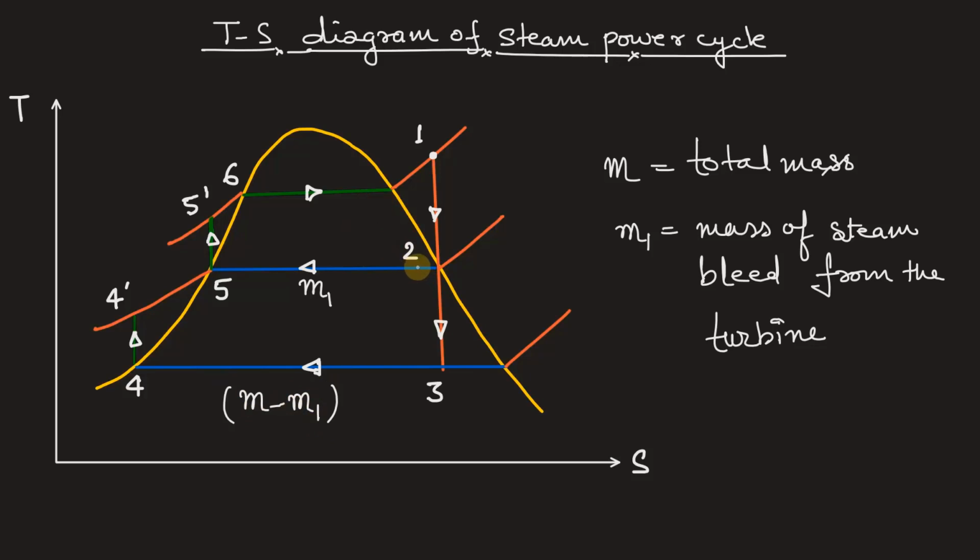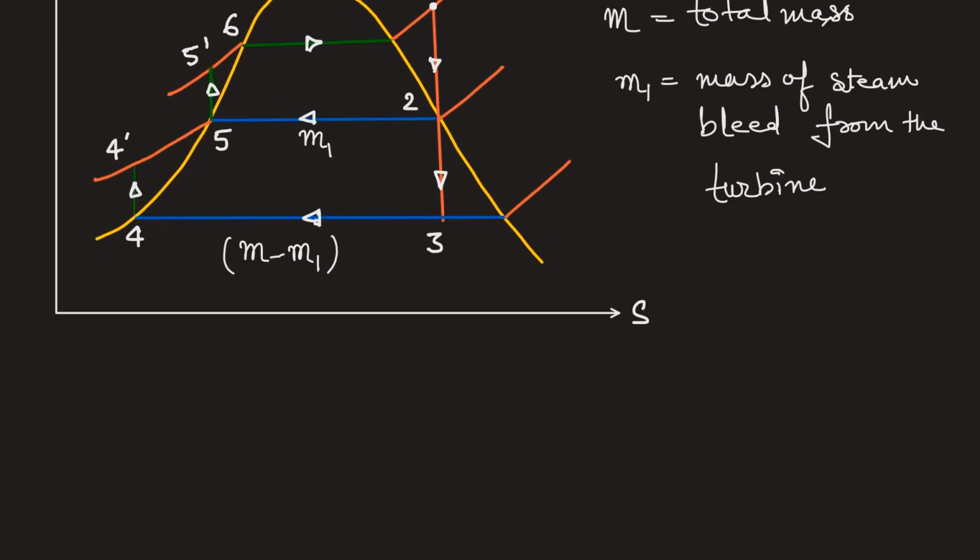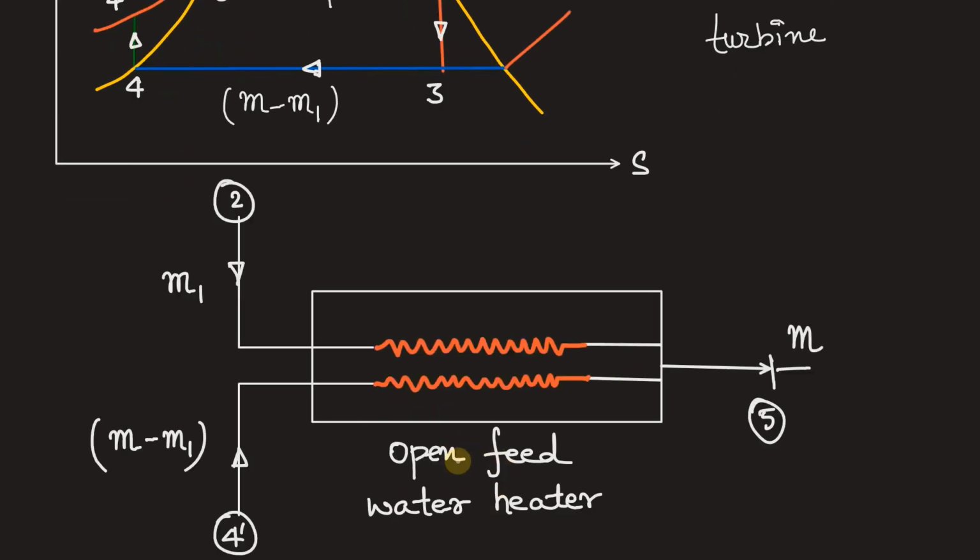Also an open feed water heater is placed here between 2 to 5 and 4 dash to 5. So let's draw a separate diagram for that. This diagram shows the open feed water heater that is fixed between process 2 to 5 and 4 dash to 5. So from 2 to 5, M1 will enter, that is the mass of steam bled from the turbine, and the rest of the mass will come from the condenser.